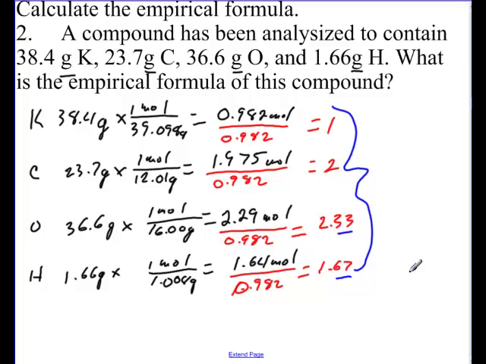So if I multiply all of this by 3, this is my empirical formula: K3C6O7H5. 2.33 times 3 gives us 7, and 1.67 times 3 gives us 5. So there's your times to whole part. Hopefully this is making sense.